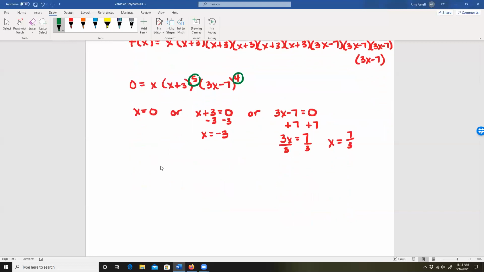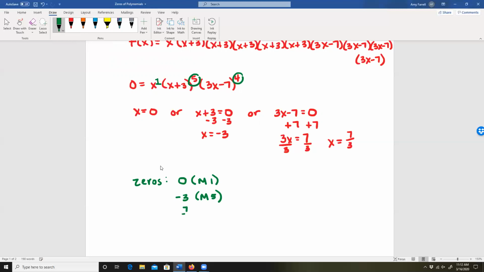So one of my zeros is 0, and its multiplicity is just 1. It only counts one time because the exponent on that factor is just 1. Then I have a zero of -3, and its multiplicity is 5 because the exponent is 5.